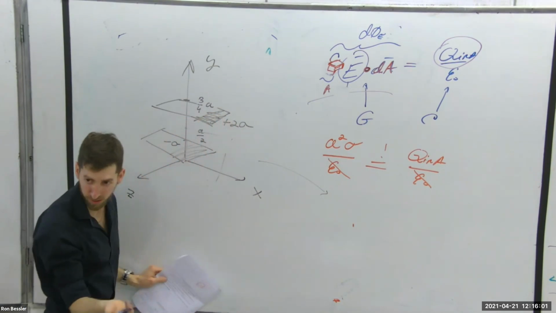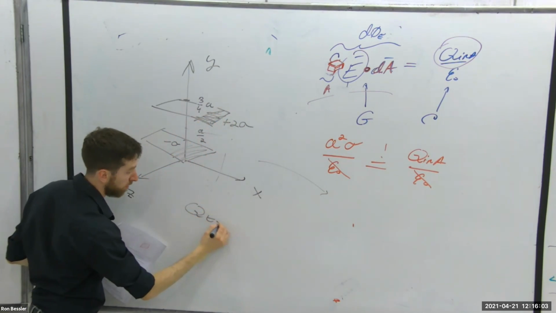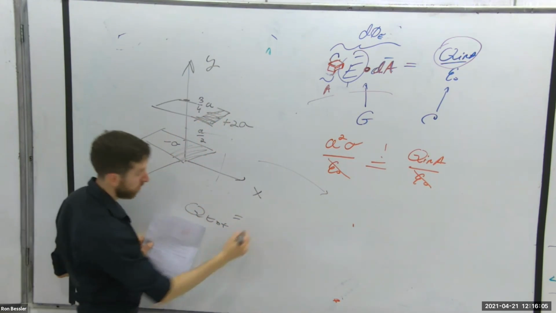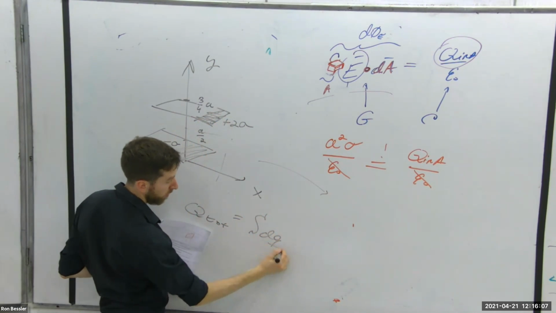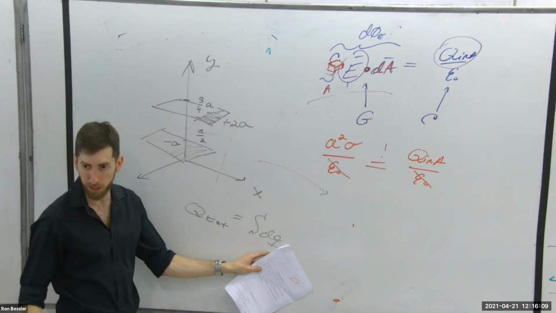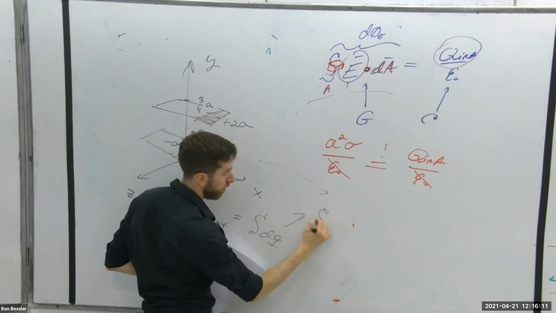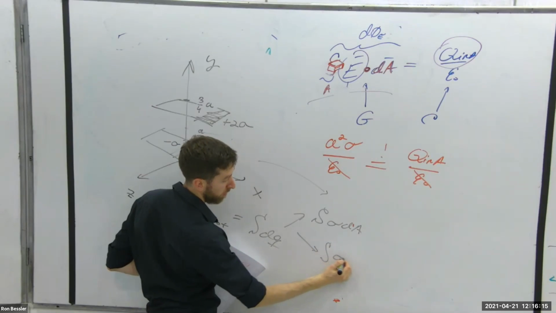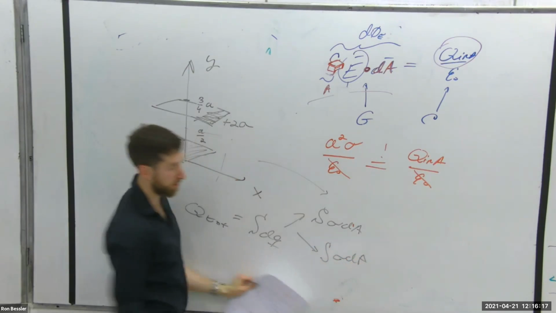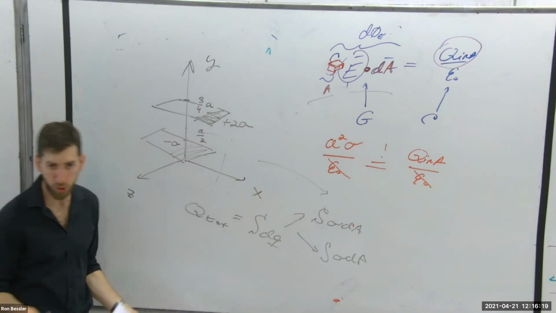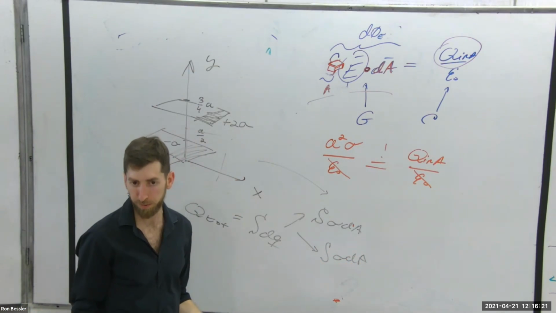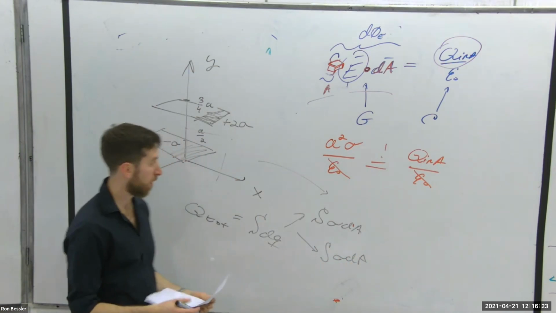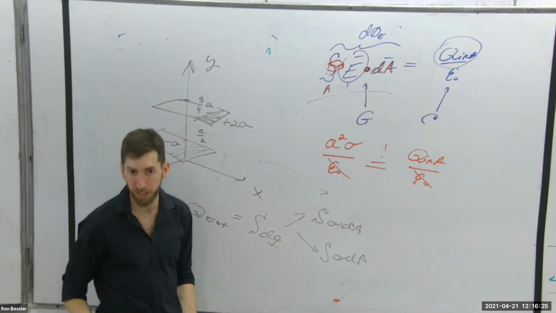Sum it up, Q total equals the whole charge, with a contribution from each plate: sigma dA upper plate, sigma dA lower plate, and you just find Q in. So an equivalent question could go that way.